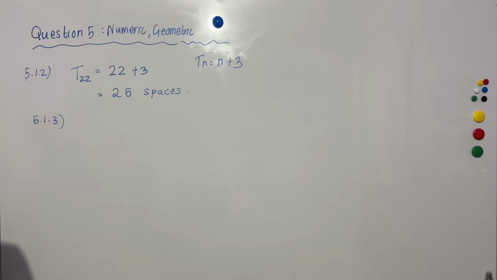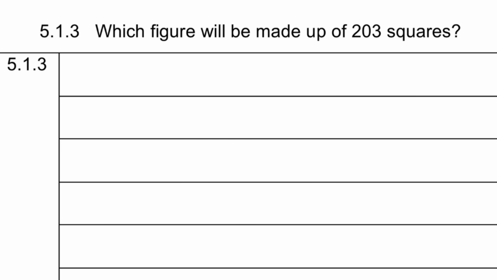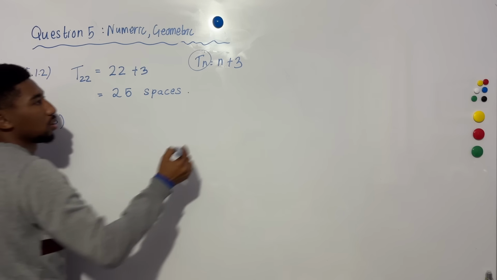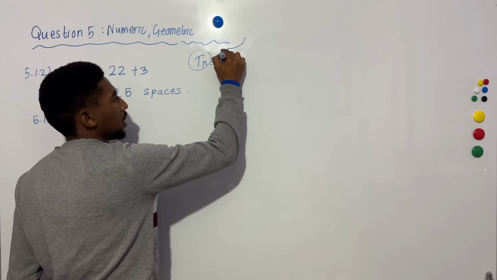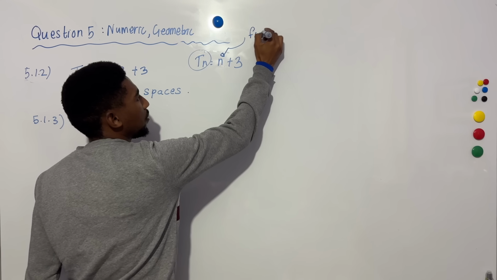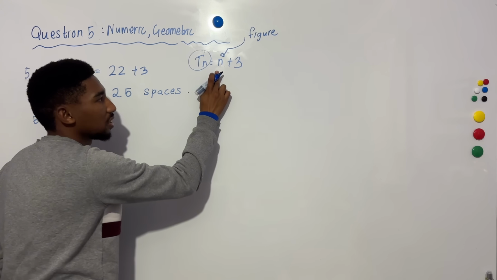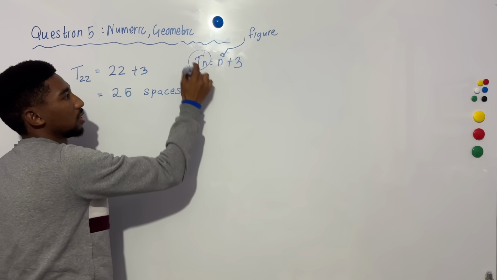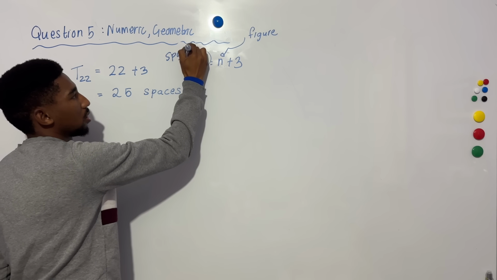Okay. Now we want to know which figure will be made up of 203 squares. So we know that the Tn represents the number of squares, the spaces, and n represents the figure. So for example, if it's the first figure, it's 1 plus 3, which is equal to 4, and this is the spaces.